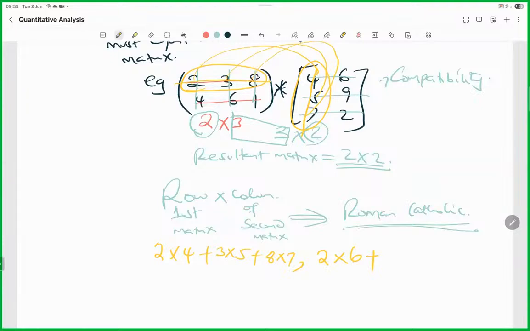So second ones, what do we have here? 3 by 9. Now multiplying this with this: 2 by 6, plus 3 times 9, plus, ladies and gentlemen, 8 times 2.